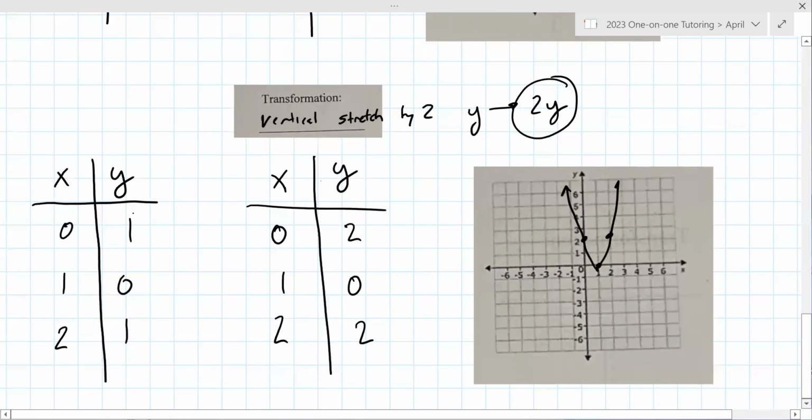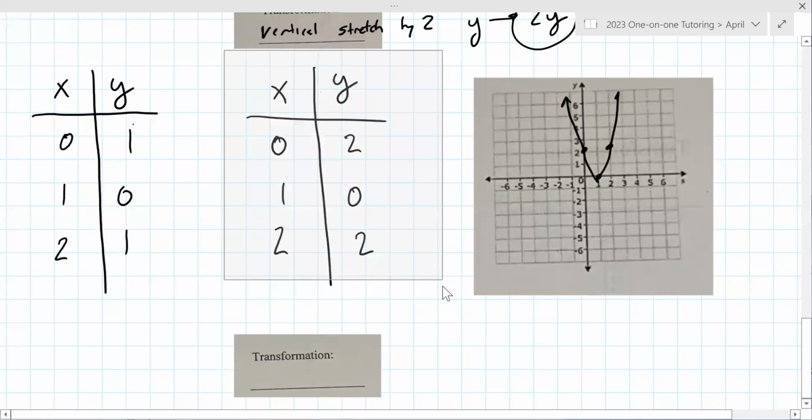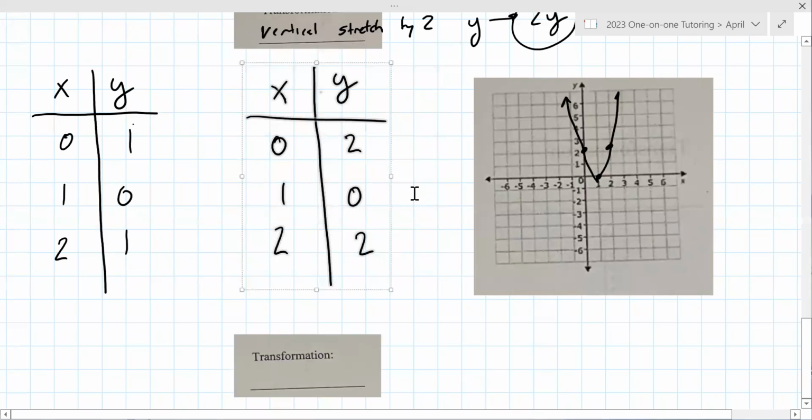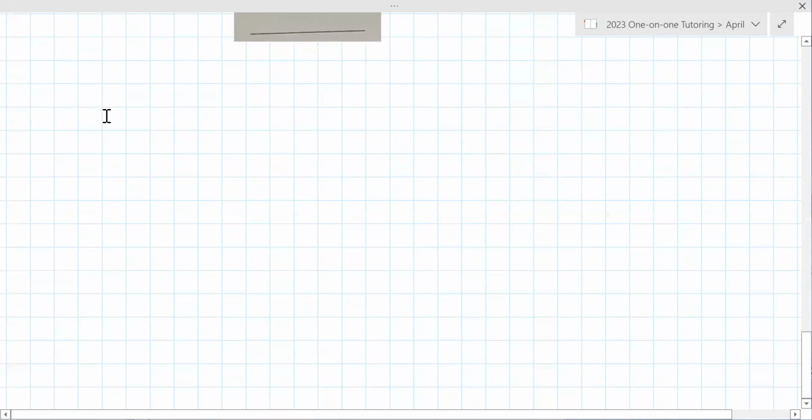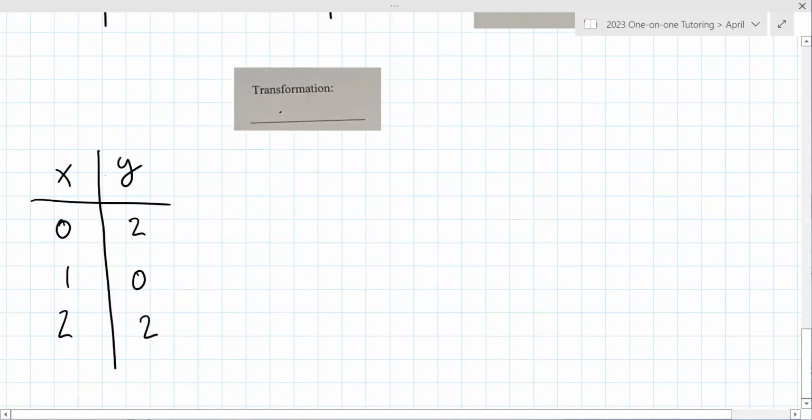All right, so let's take a look at the last transformation. We grab the table here. Your last transformation here is up 3. Does that affect the x or the y?